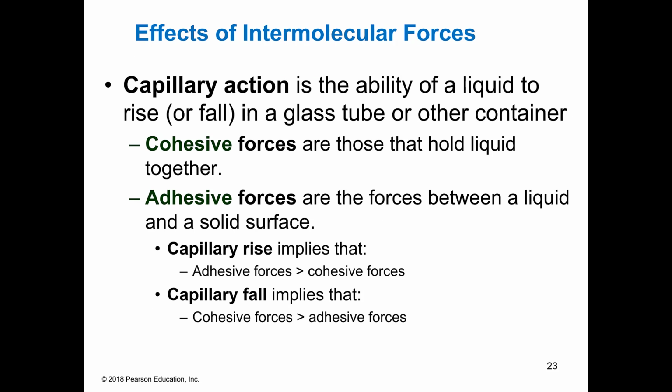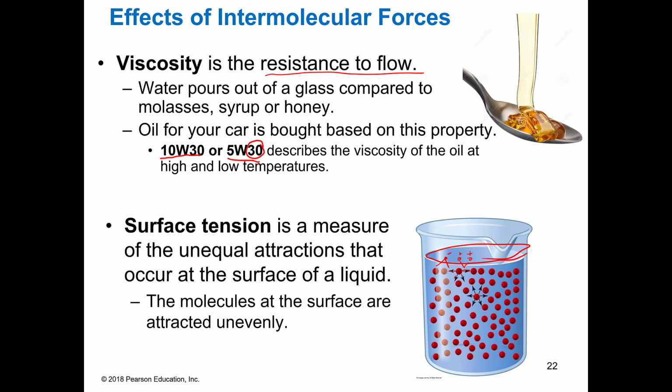What it does is cause them to hold together and form almost like a film on the top. Like in water, that's why a water drop, if you put it on a table, will tend to have this shape. That's due to the surface tension of those molecules.